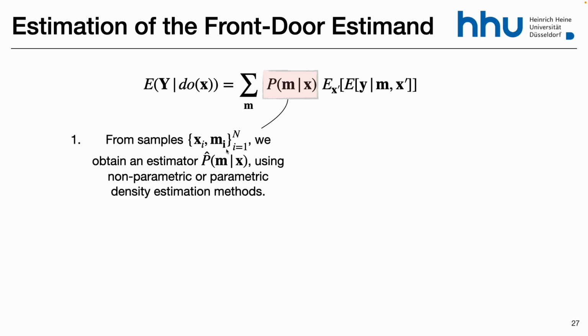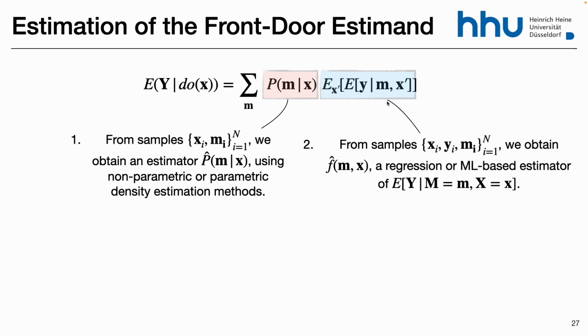The m can be high dimensional as well, so you need a density estimator that's multivariate, a multivariate density estimation procedure. But once you have this, separately, you also have samples for X, Y, and M. So you can compute using regression or machine learning a function that receives M and an X.